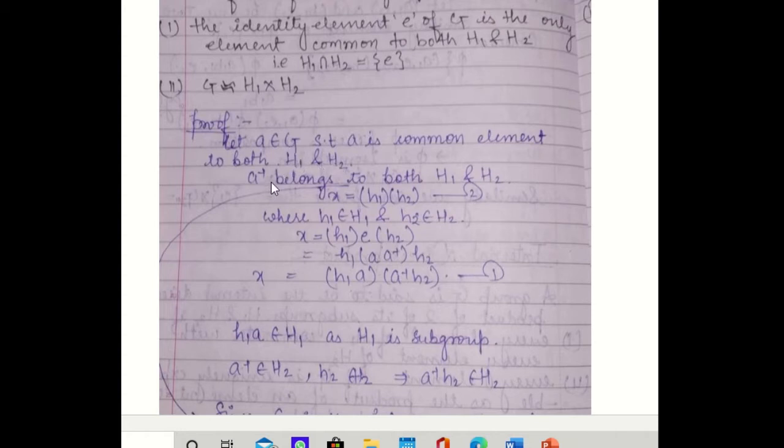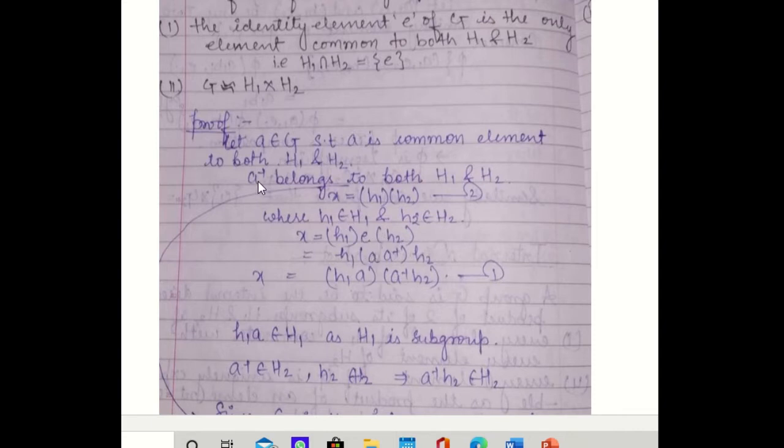Now A inverse is inverse of A in G. Since H1 and H2 are subgroups, A inverse will belong to H1 and H2 both. Now let X is equal to h1 h2, where h1 belongs to capital H1, h2 belongs to capital H2, and X will be an element of G. So now we can write X is equal to h1 E h2, because E is identity element, so we can write it with any element.